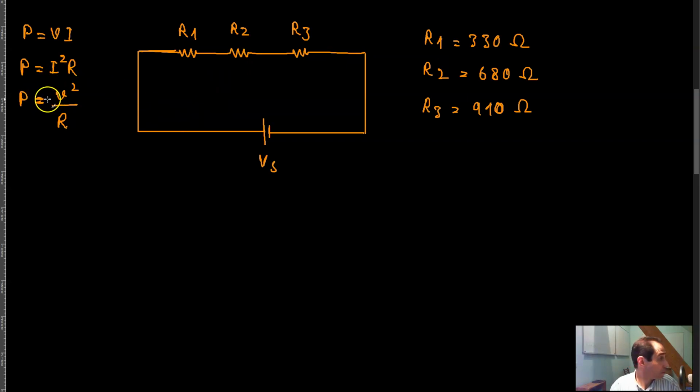Meaning that, for example, the voltage across R1, with V of S over here, of course, being 150 volts, by the way.